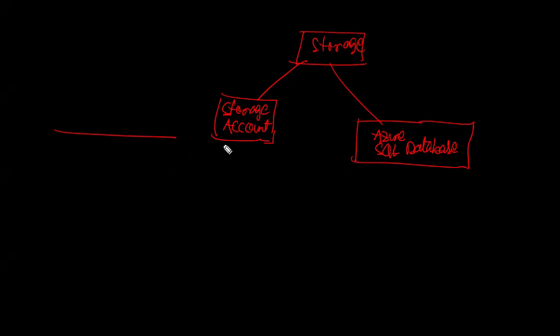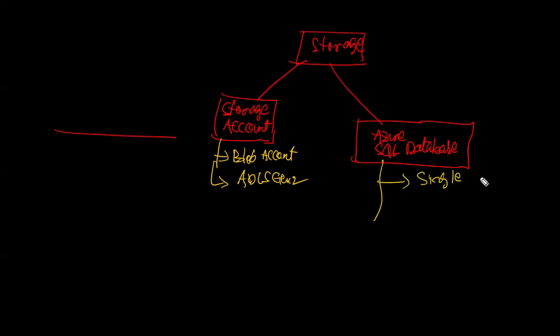So this part we already know it. Again, when it comes to here, you're having a blob account for general purpose, and we're having ADLS Gen 2. And when it comes to the SQL Server, we have a single database here.